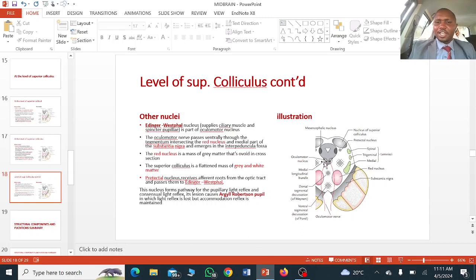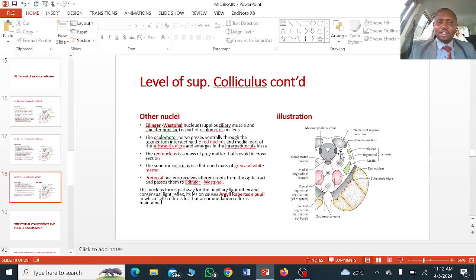So the red nucleus, this pinkish substance here, is a mass of gray matter that is ovoid in cross section, and the superior colliculus is a flattened mass of gray and white matter, and then the pretectal nucleus over here is the nucleus which receives afferent fibers from the optic tract and passes them to the Edinger-Westphal nucleus.